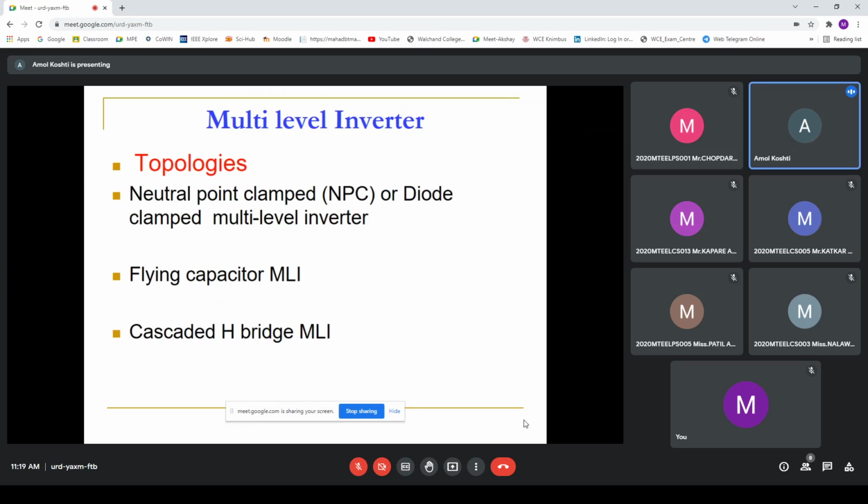Based on topology, we have three types, as I told you.